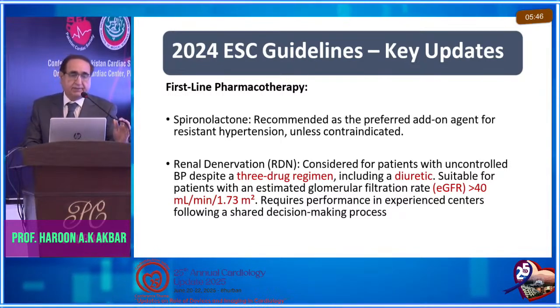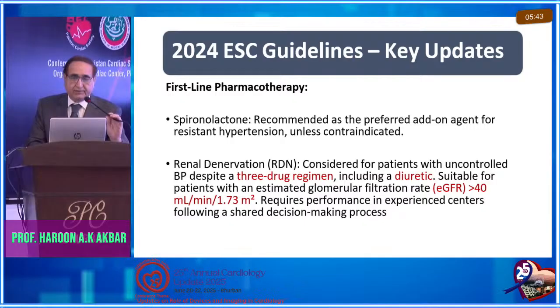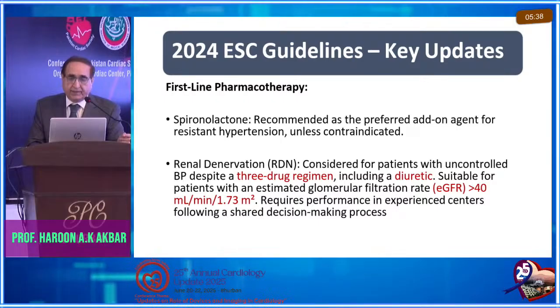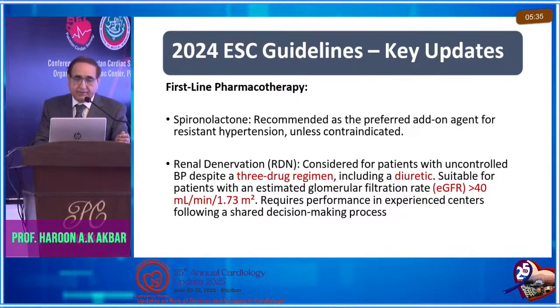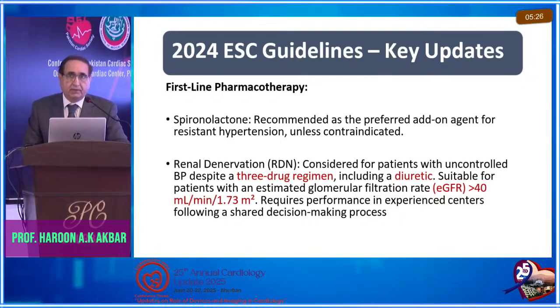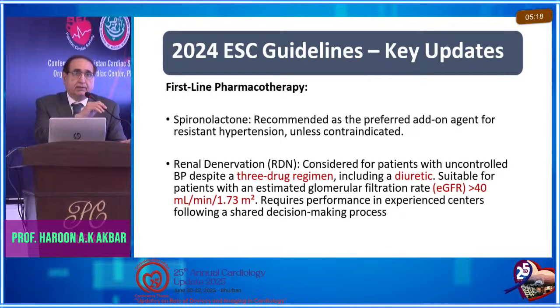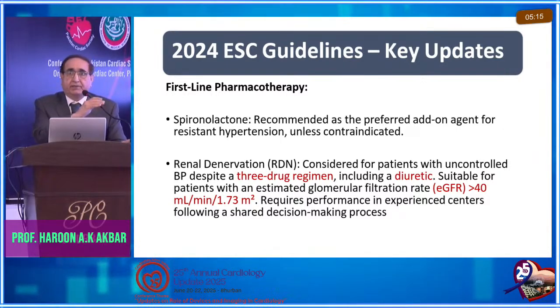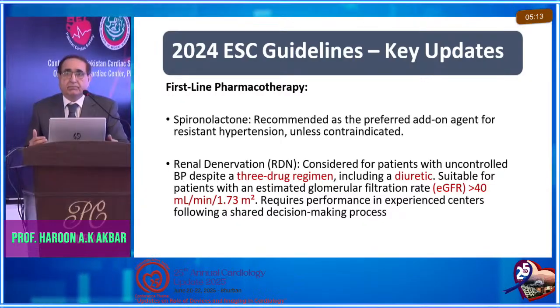These are the 2024 ESC guidelines key updates. First-line pharmacotherapy: spironolactone is recommended as the preferred add-on agent for resistant hypertension unless contraindicated. And of course, renal denervation therapy. One or 2 decades back it was in vogue, but then it was found not to give good results in treating resistant hypertension, so it went away.